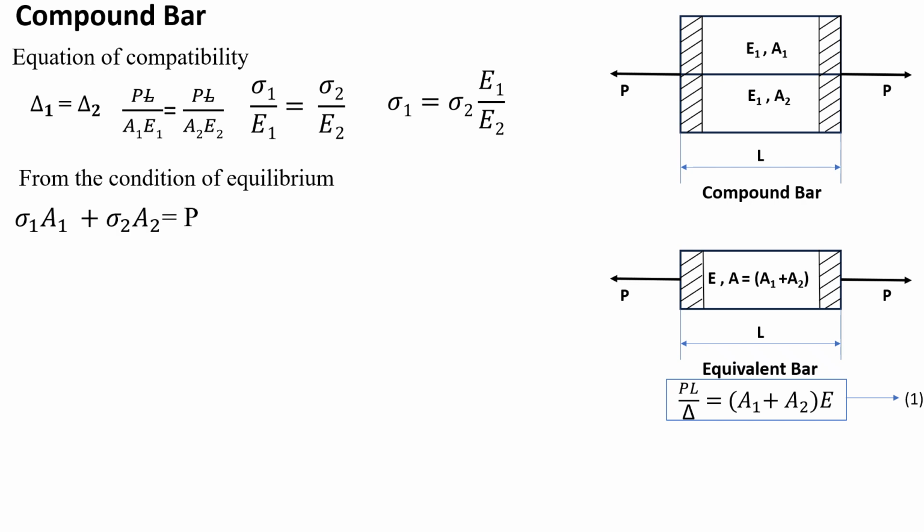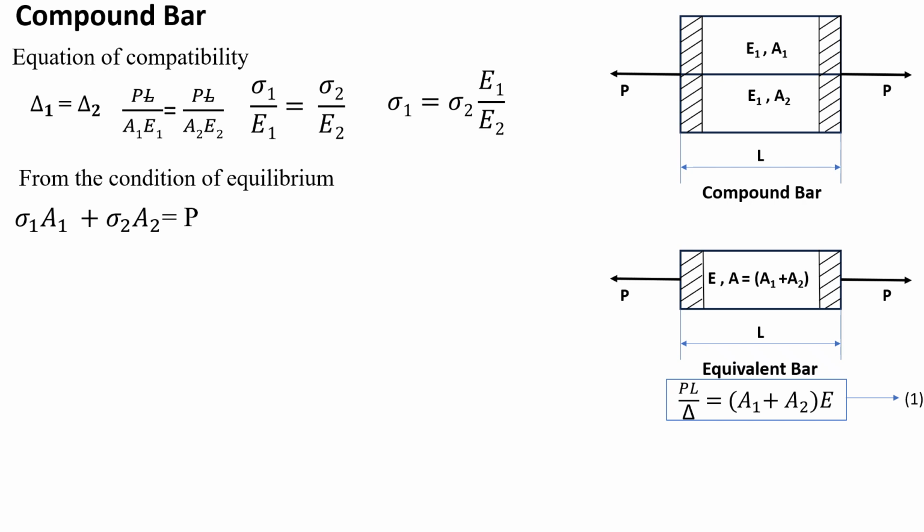The load applied on the compound bar equals the load on the first material plus the load on the second material, and we know load equals stress into cross-sectional area. So the condition of equilibrium says sigma 1 A1 plus sigma 2 A2 equals P.